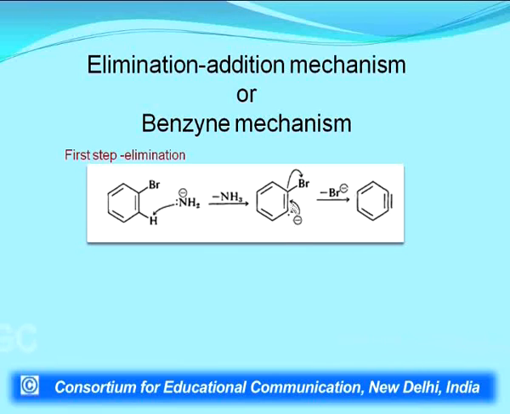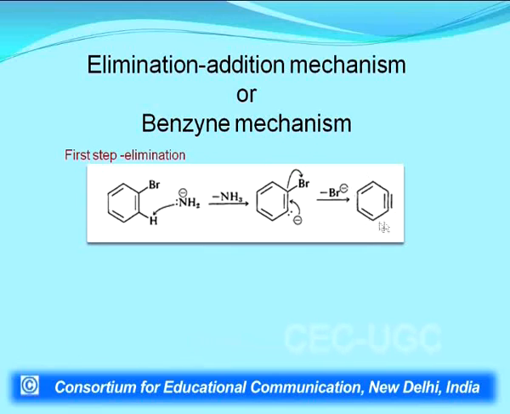This pair of electrons forms another bond with the carbon and bromine is lost, and we get a structure in which this carbon-carbon bond is a triple bond. This particular compound is named benzyne, where one of the carbon-carbon bonds is a triple bond. I will talk about the structure of this benzyne, although it is not a very stable structure, and that is why this mechanism is also named the benzyne mechanism.